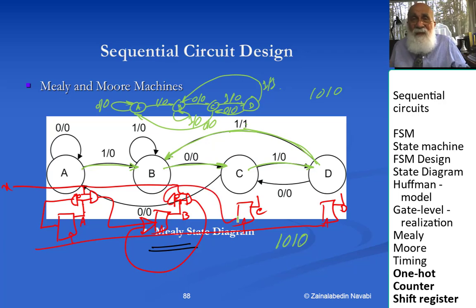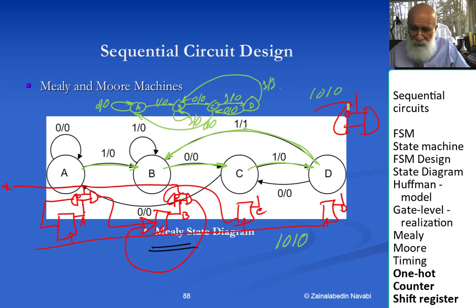Okay, so what it is you replace the circles with the boxes, with flip-flops, and you would replace the edges with AND gates. A zero input will give you a bar on the side.